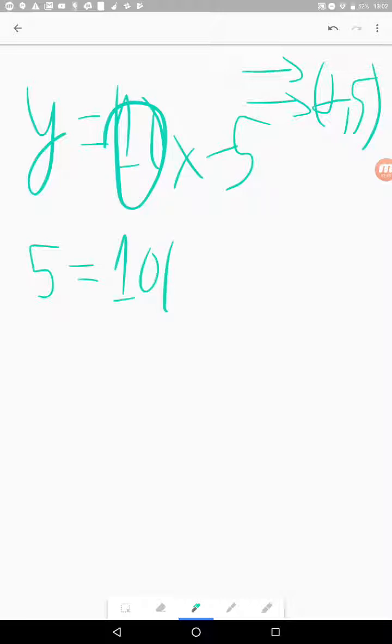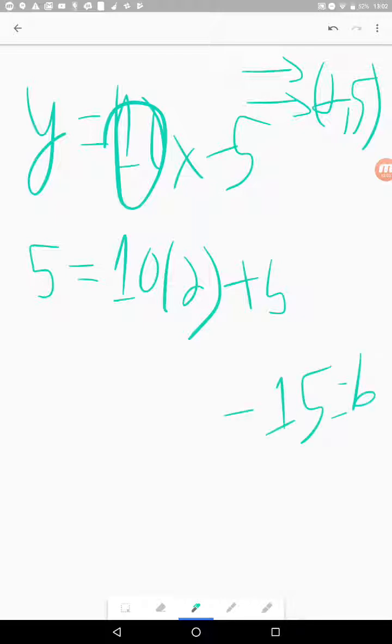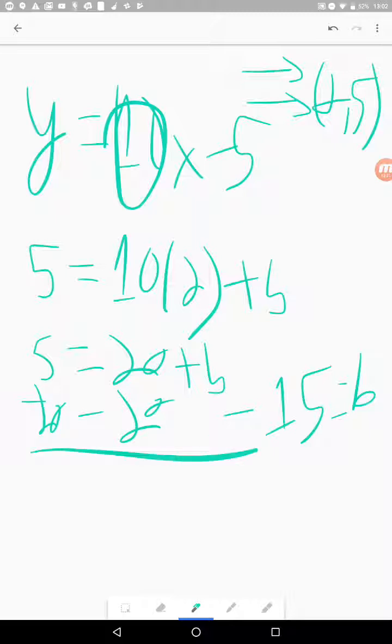Our x value is 2 plus b. That's what we're trying to find. So in this case, our b is going to be negative 15. 5 equals 20 plus b, and if you were to just work it out, you could already see that negative 15 is the answer, because if you were to subtract 20 on both sides, negative 15 equals your b.